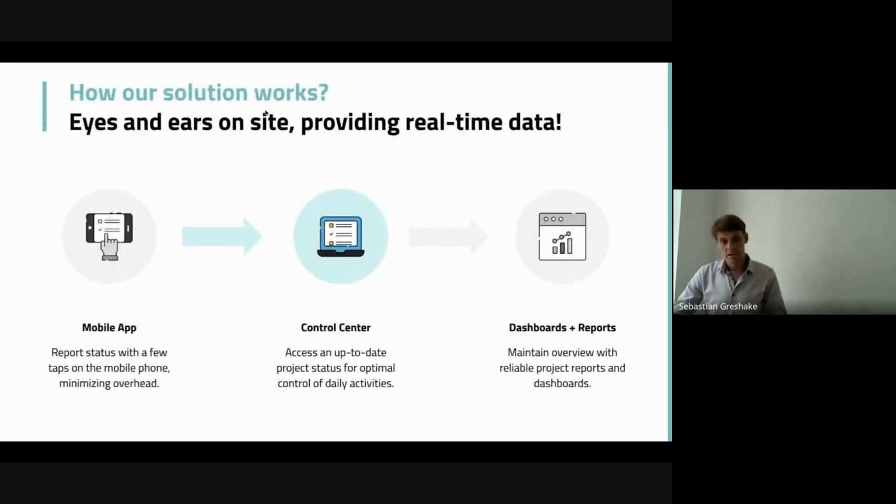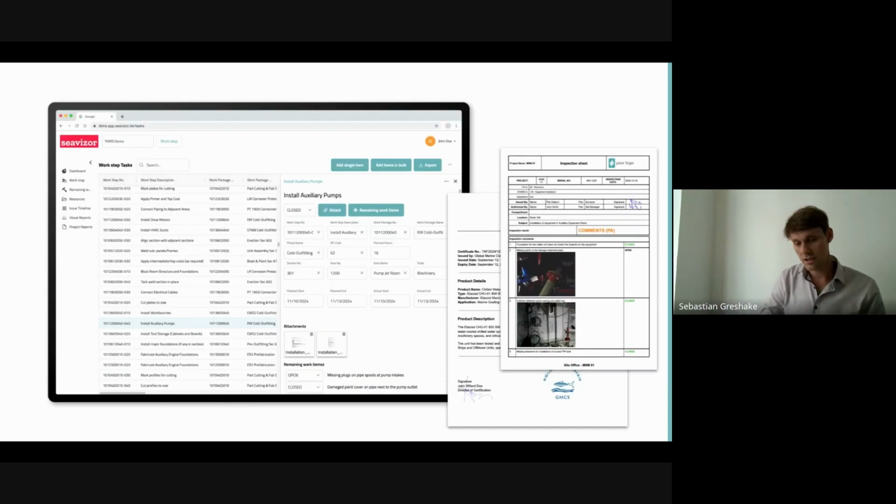So all that data now gets forwarded to something we call a control center. It's basically a database with a desktop interface. This is the place where you can access the detailed picture that we promised at the beginning, where you see all the details in one summary. This is supposed to be used for the control of daily activities. It may look like this. Again, Mateusz will show that live in a moment.